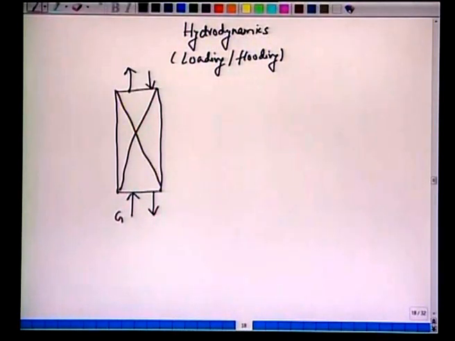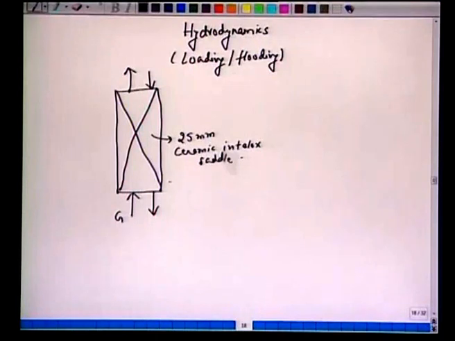In this example it says this column is packed with 25 millimeter ceramic interlock saddle packing. So, this is the name of this packing.